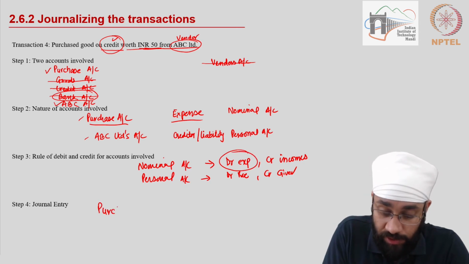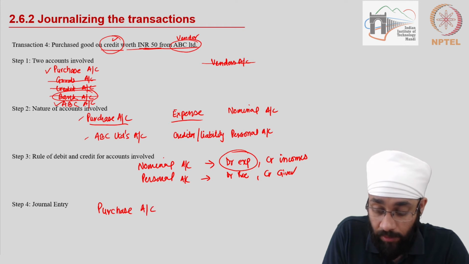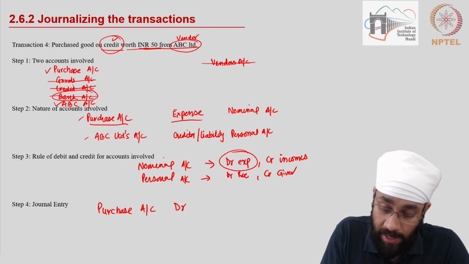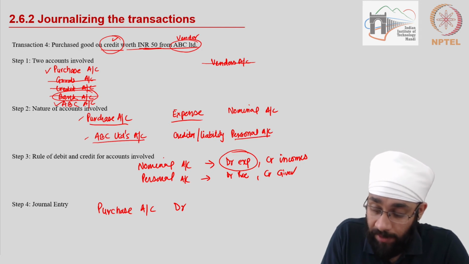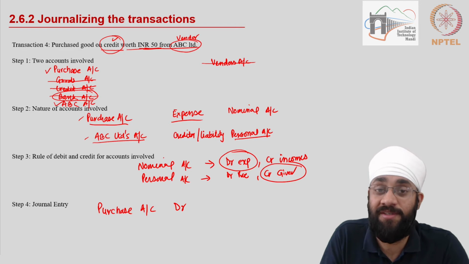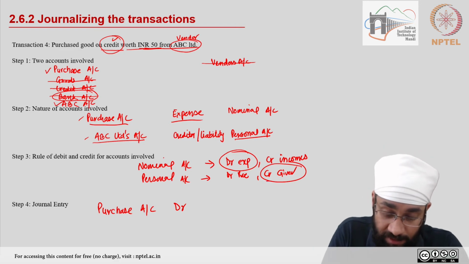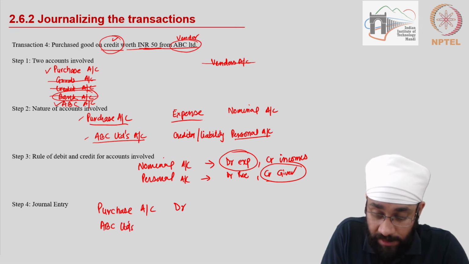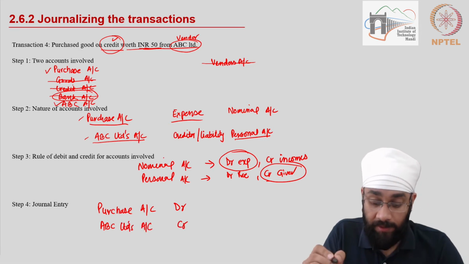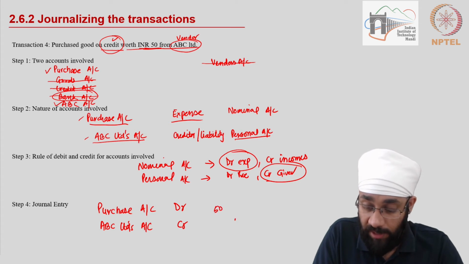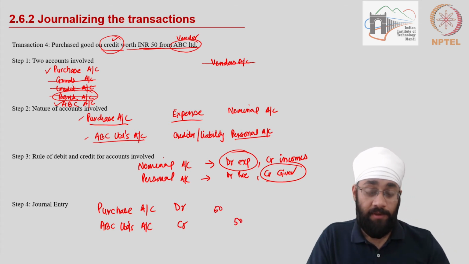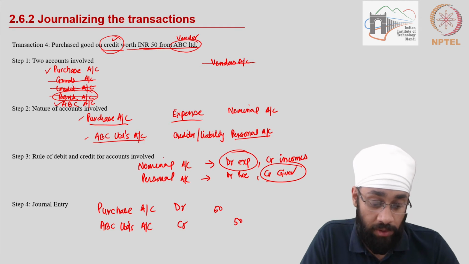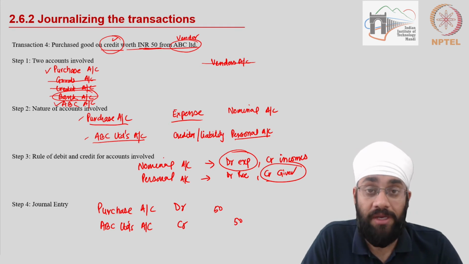So you write purchase account debit, and on the other hand ABC Limited being a personal account, and being a giver of the goods to the business, will be credited. So we are going to write ABC Limited's account credit, and the amount is 50 and 50 here. Done. That's it. That's how you record a transaction which is on credit, which is not on cash.